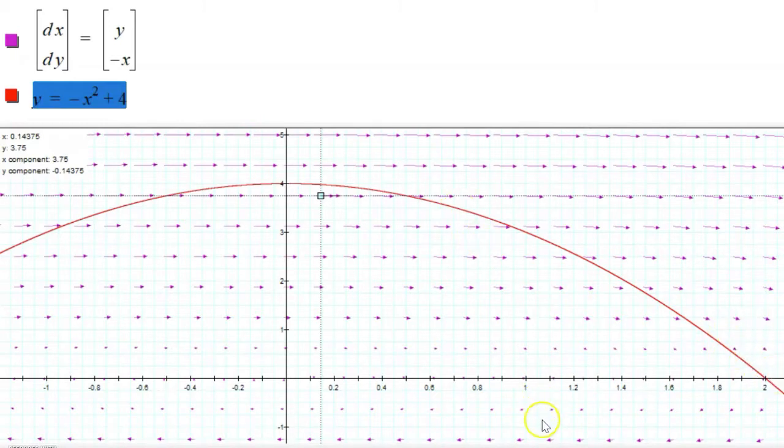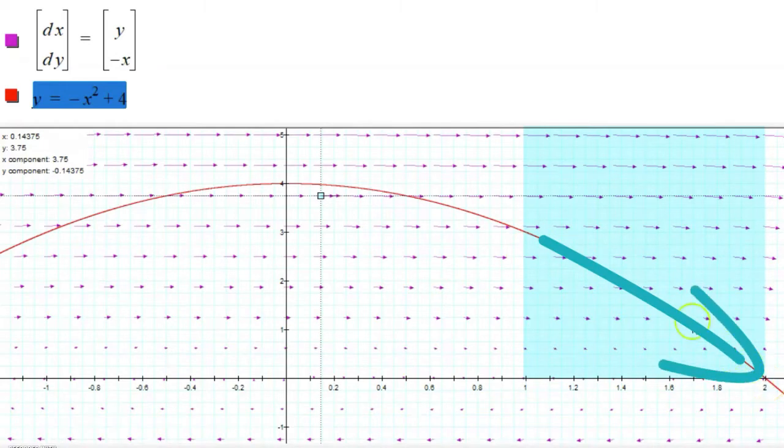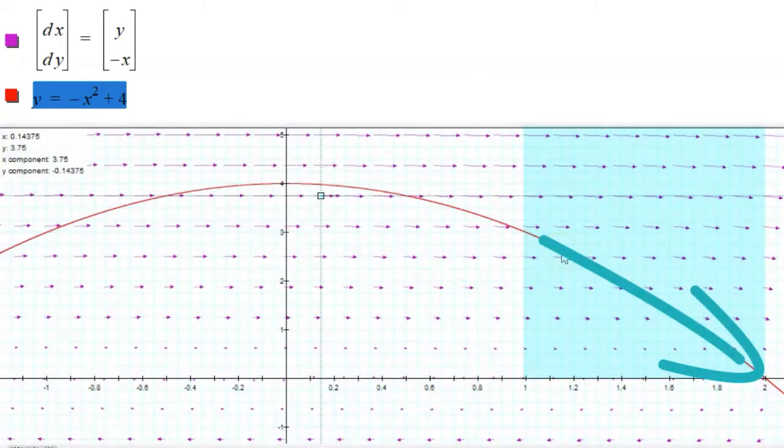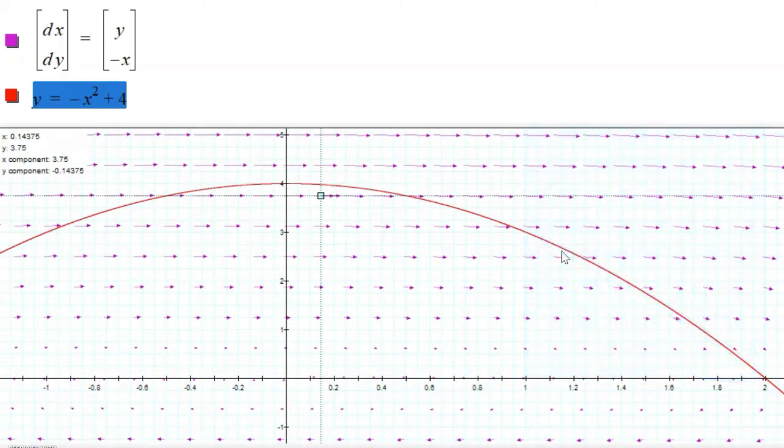But overall, as x increases from 1 to 2, our path in the river, metaphorically speaking, is mostly in line with the current in the river. So we would expect the line integral in this context to be positive. Let's go compute the line integral and see if we're right.